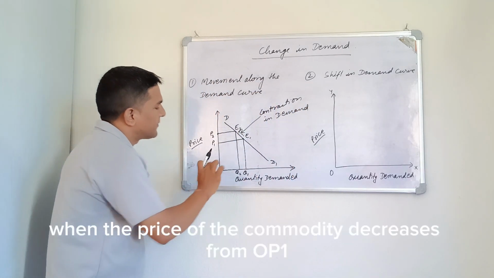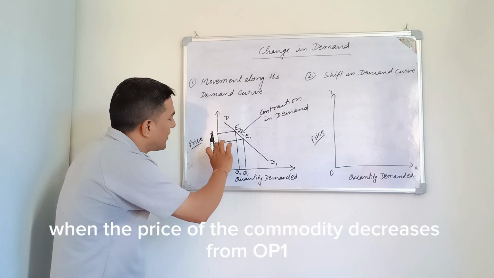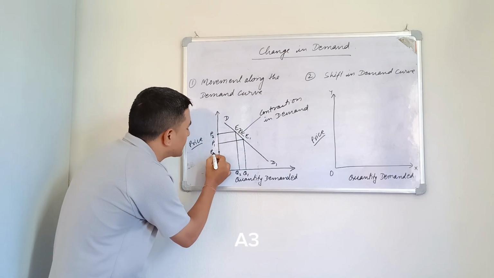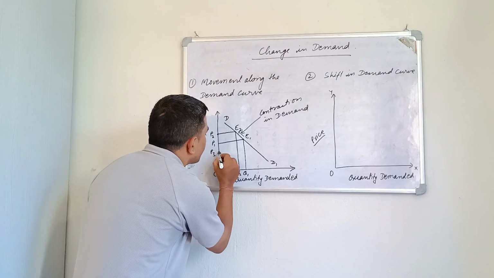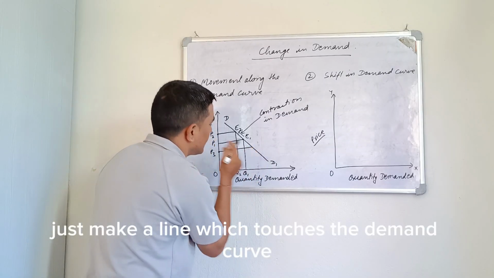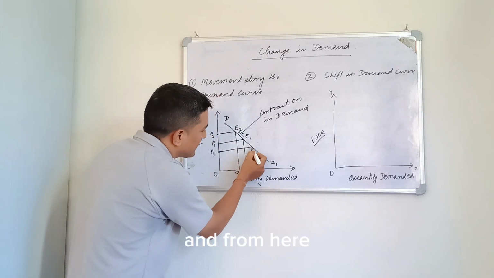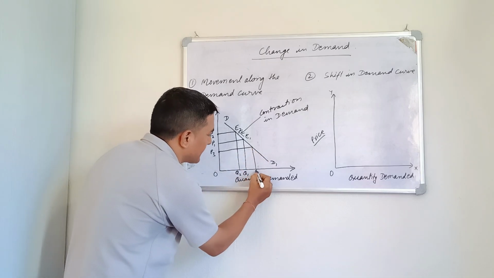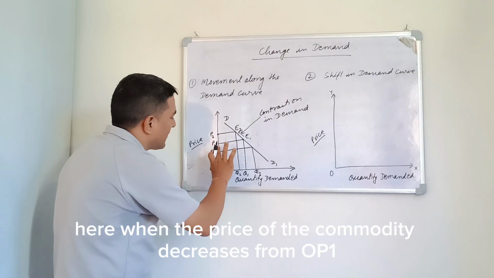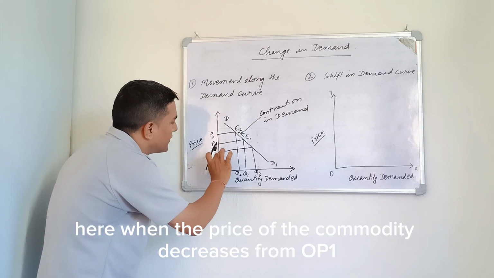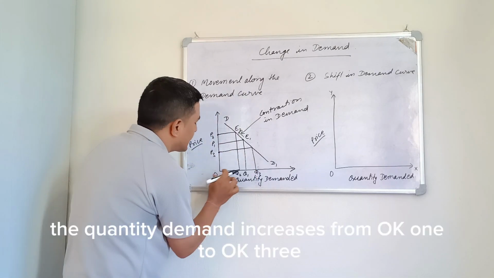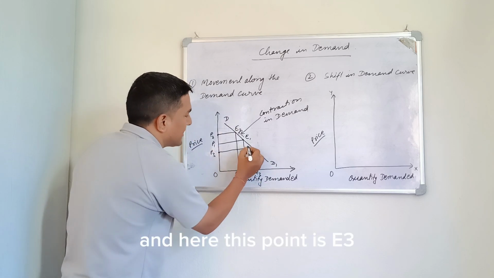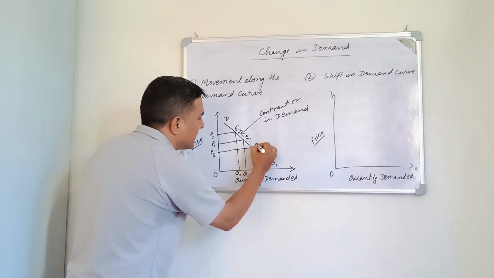Similarly, when the price of the commodity decreases from OP1 to OP3, we make a line which touches the demand curve, and from there a line perpendicular to the x-axis. When the price decreases from OP1 to OP3, the quantity demanded increases from OQ1 to OQ3, and this point is E3.